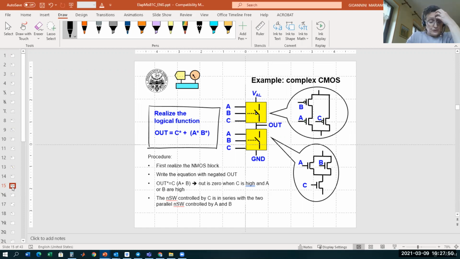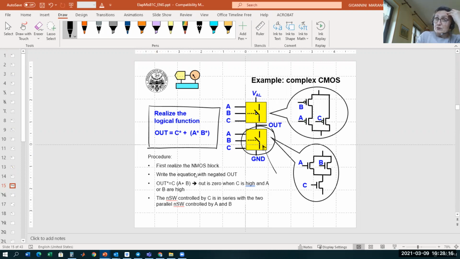For doing this, you can proceed step by step. And the procedure is summarized here at the bottom of this slide. First of all, we decide to start from the NMOS block. So we decide to arrange first all the MOS transistors here.